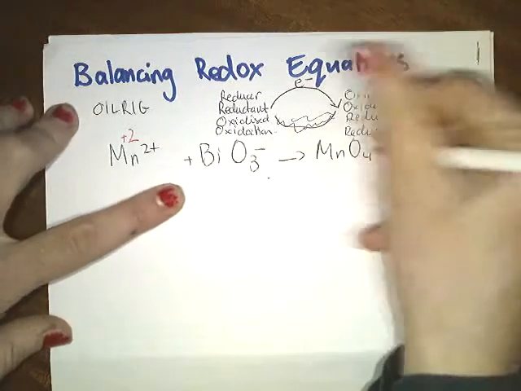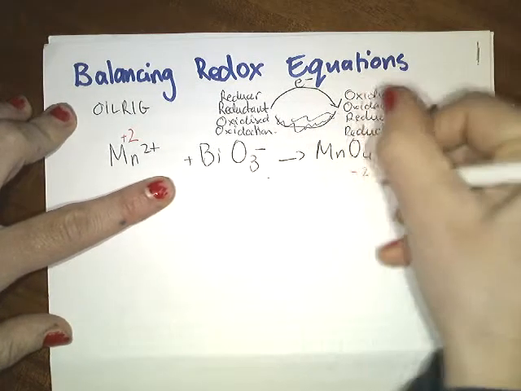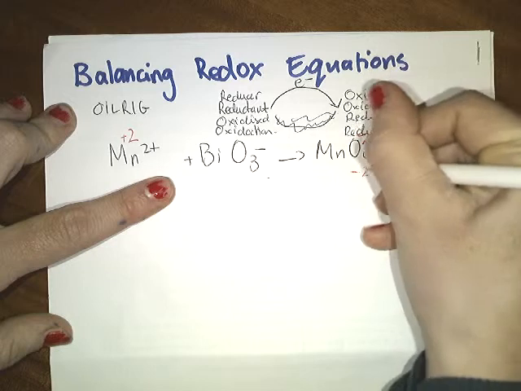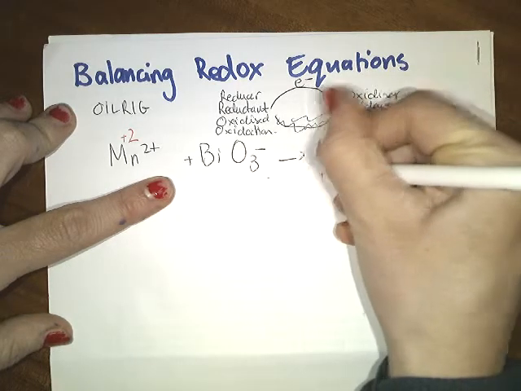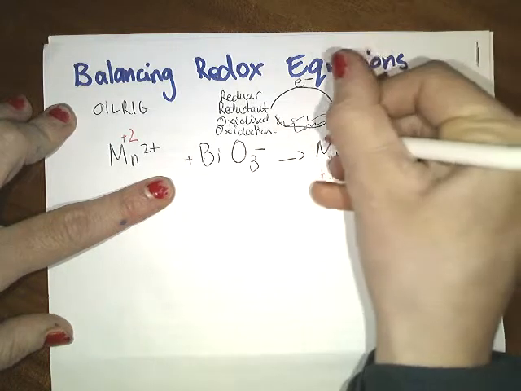Okay, so when you are looking at a redox equation, we've just got to make sure the Mn starts at 2 plus, and then minus 2 gives us minus 8 as a total, plus 7.